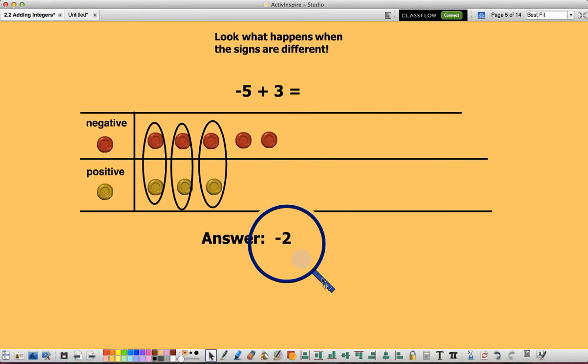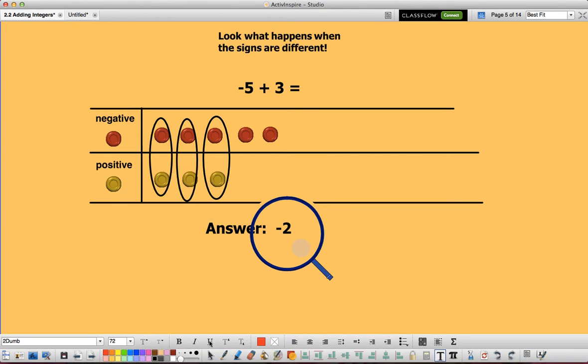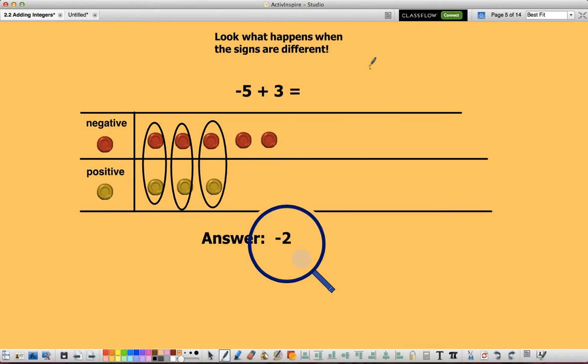All right, again, looking at this, following my rules, I know that -5 has an absolute value of 5. And 3 has an absolute value of 3. Since this one has the larger absolute value, then we keep the negative sign in our answer.